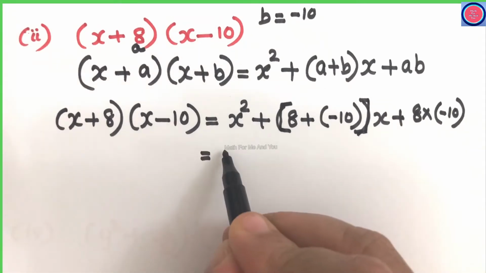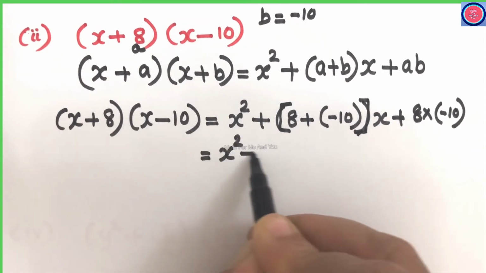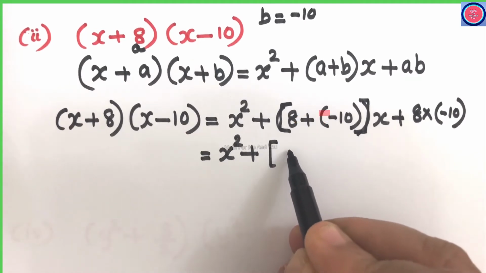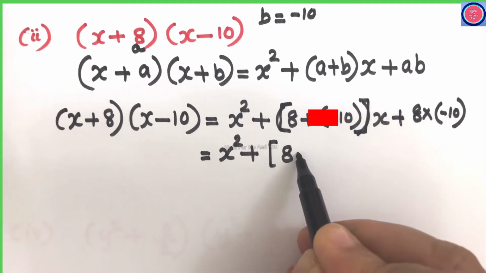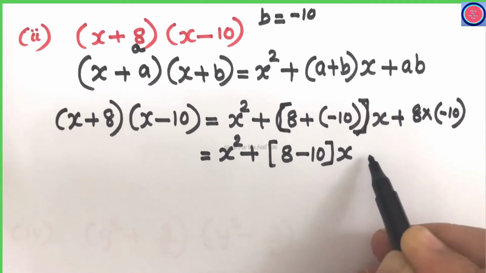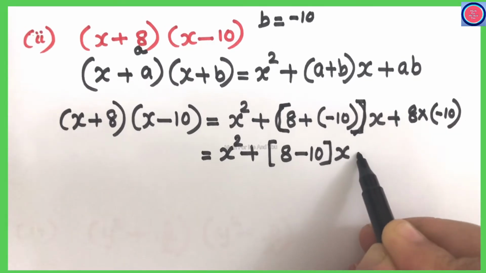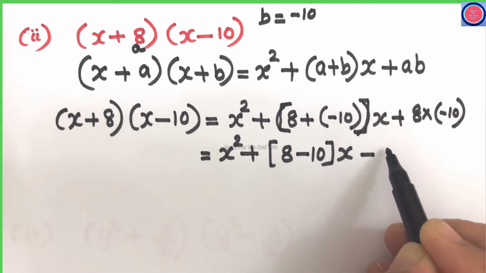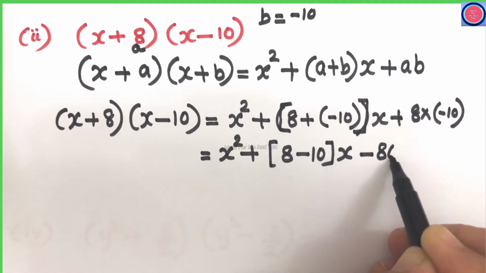This is equal to x square plus, inside the bracket, 8 plus minus 10. Plus times minus is minus. So we can write this as 8 minus 10. Close the bracket times x, that means x outside, plus 8 times minus 10. 8 times minus 10 is minus 80. When we multiply negative and positive, the answer is negative.